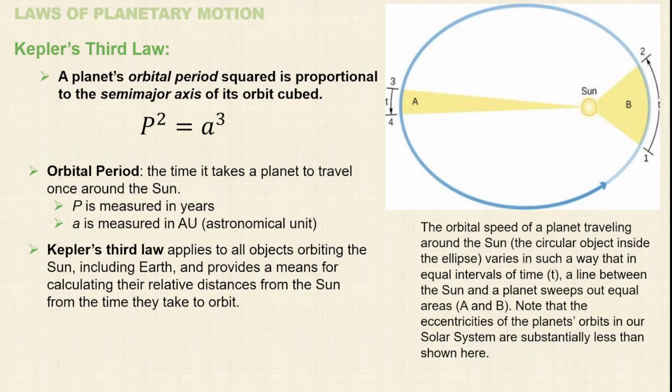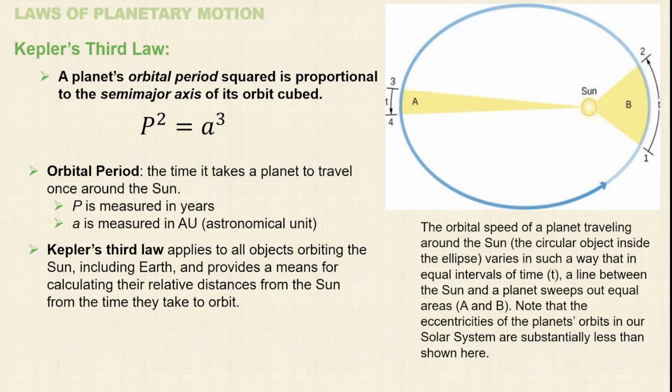Or you can run around the building, and the time it takes for you to go around the building is the time period. Interestingly, there's a very good relation between the period and the semi-major axis. Now you know what the semi-major axis is: in the ellipse, the distance from the center to one of the points at the end.